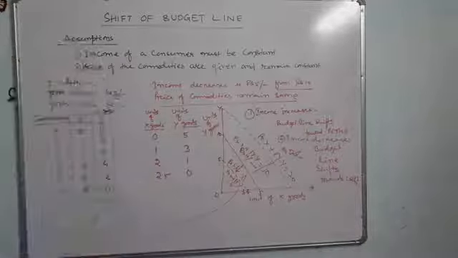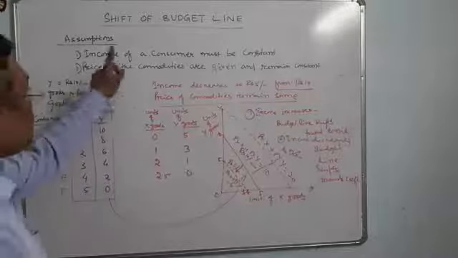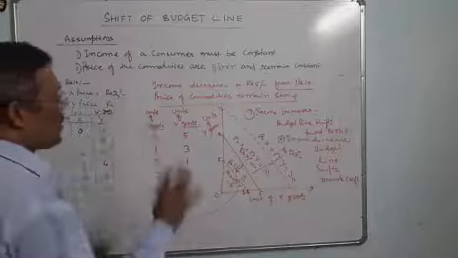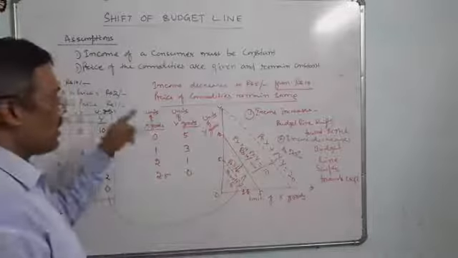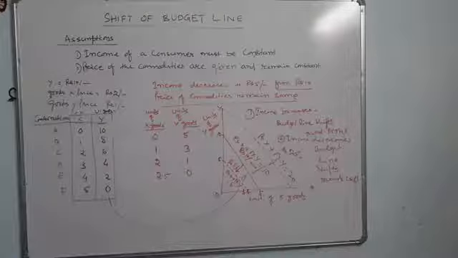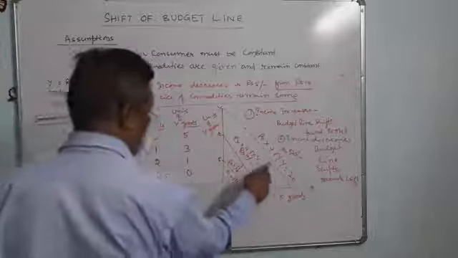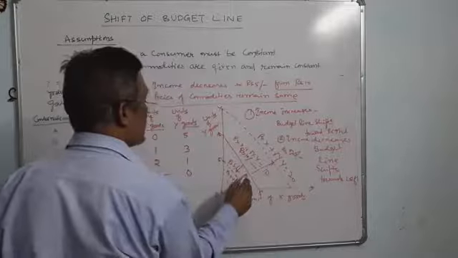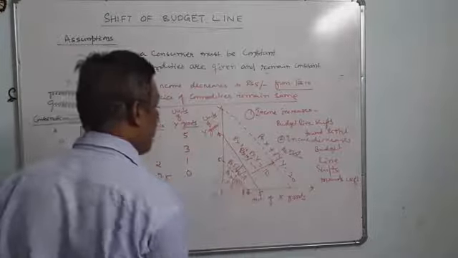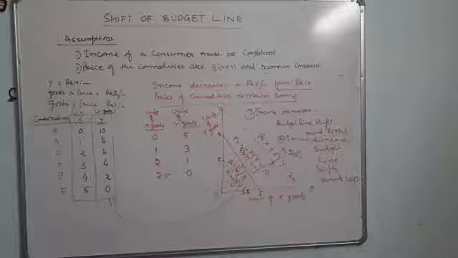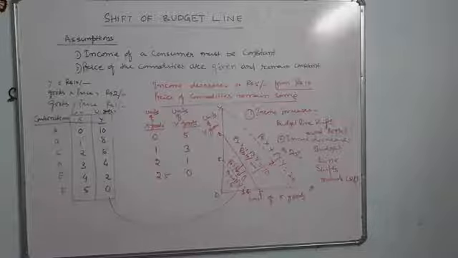This is the condition: income changes but the price remains the same. In both cases, when income increases and income decreases, price remains the same. The budget line will shift toward the right when income increases, and toward the left when income decreases. This is called the shift of the budget line when income changes.